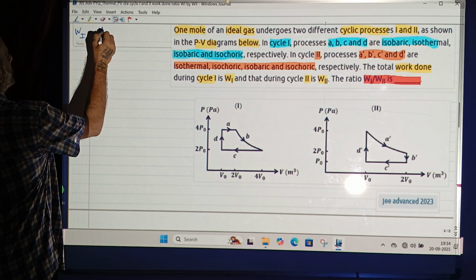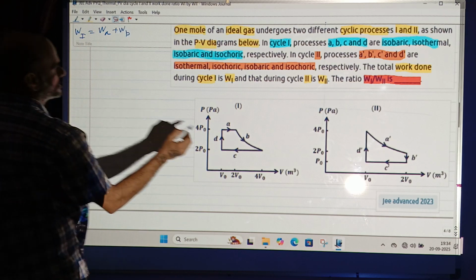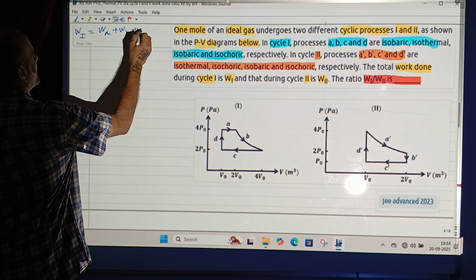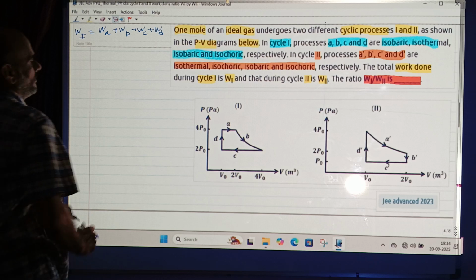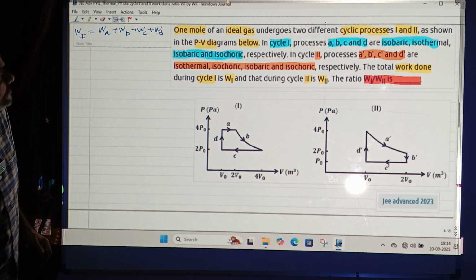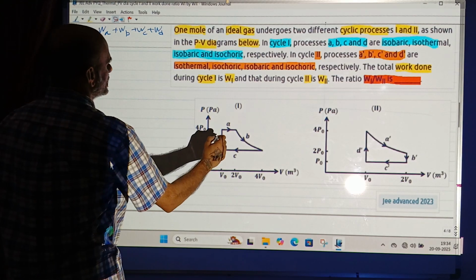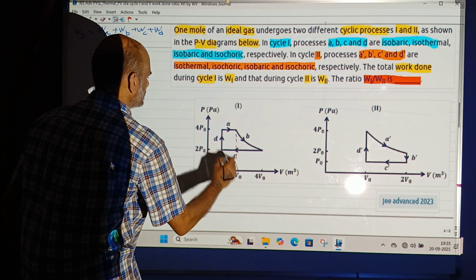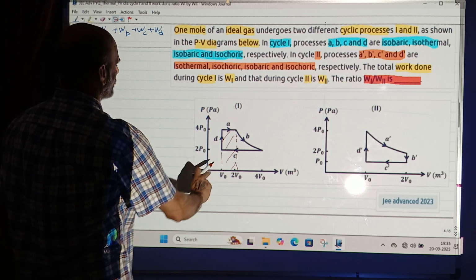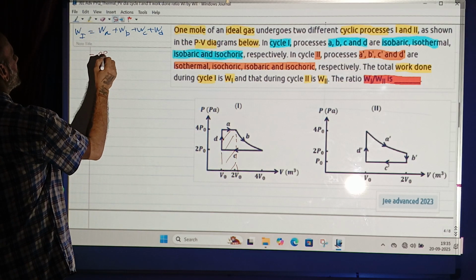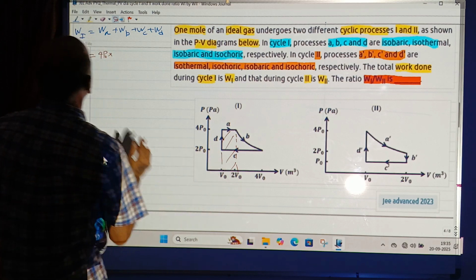This is the work done along process A, that's the work done to go from here to here, plus the work done in process B, plus the work done in process C, plus the work done in process D. And work done is nothing but the area under the curve, because it's the integral of PdV. For process A, the area under the curve is this rectangle. The height of this rectangle is 4p naught, and the width of this rectangle is v naught, because it goes from v naught to 2v naught. So this one is v naught.